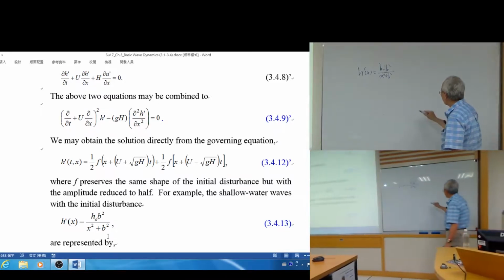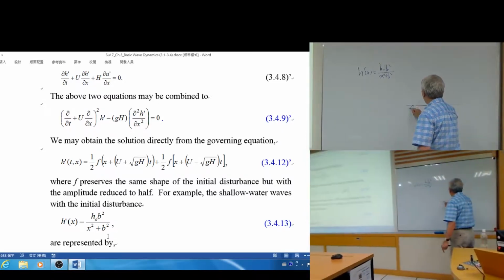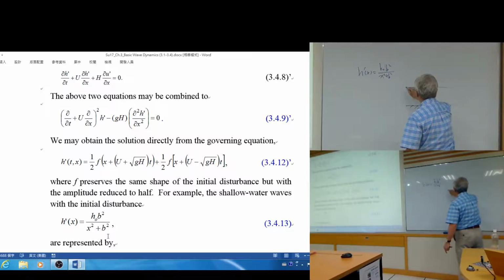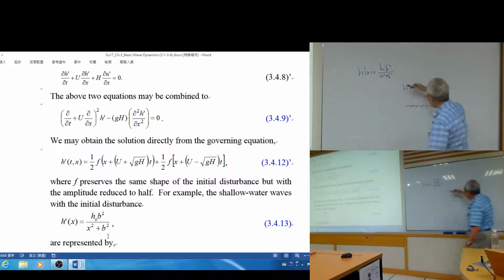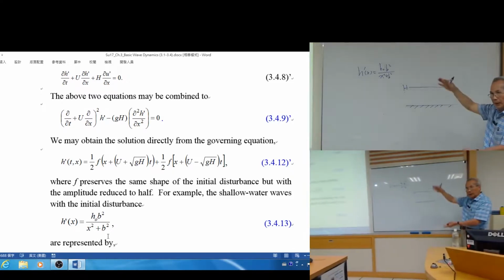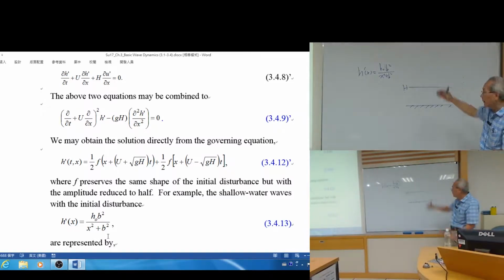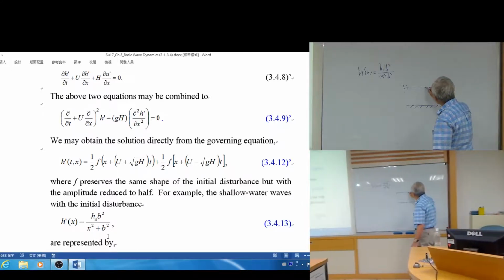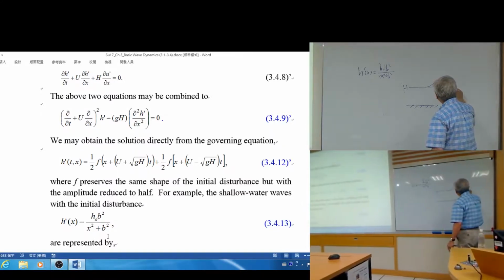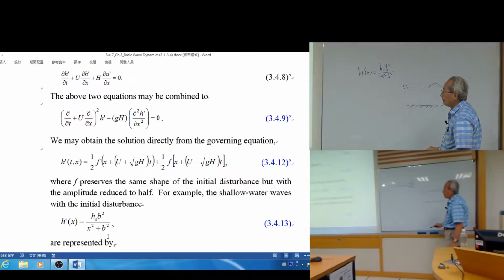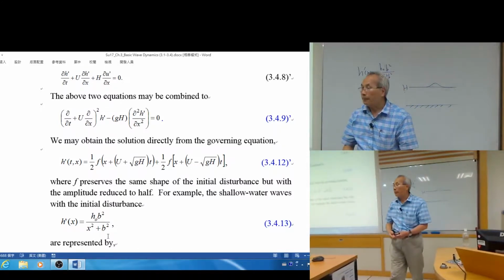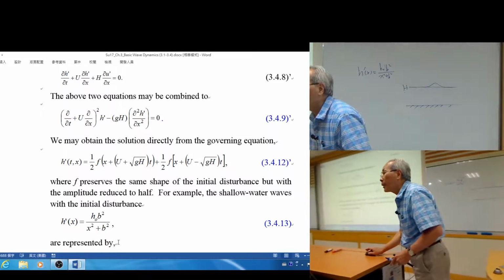Say we have shallow water like this, and this is capital H, the depth, and this is only one layer. Initially, if we have a disturbance like this, this is called the pear-shaped function.